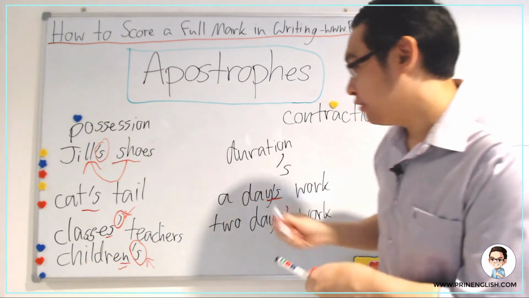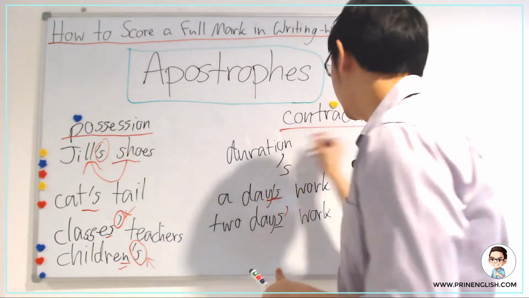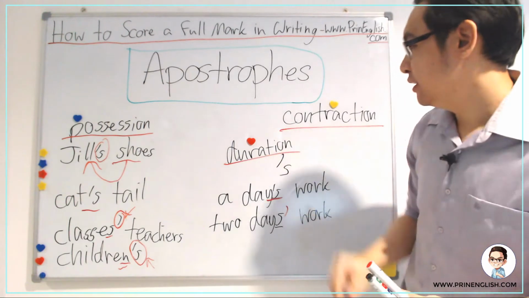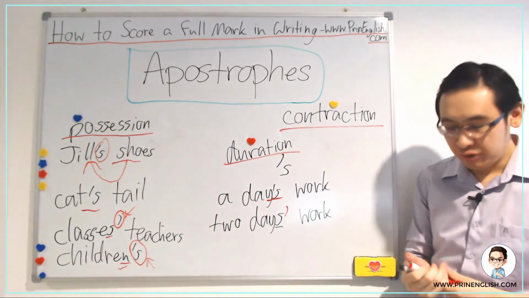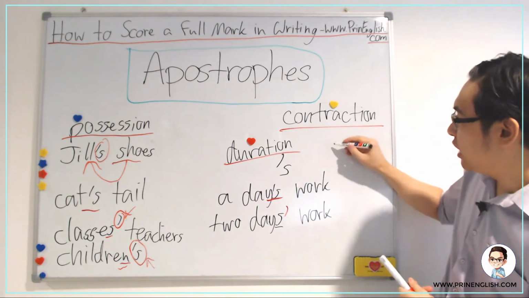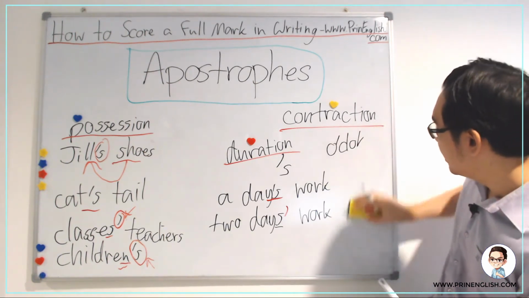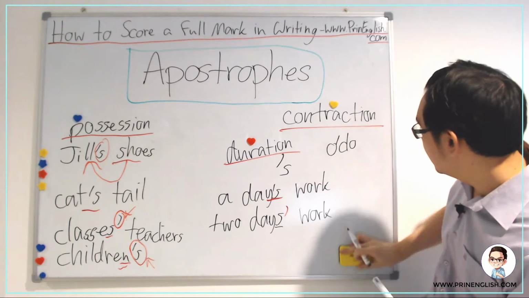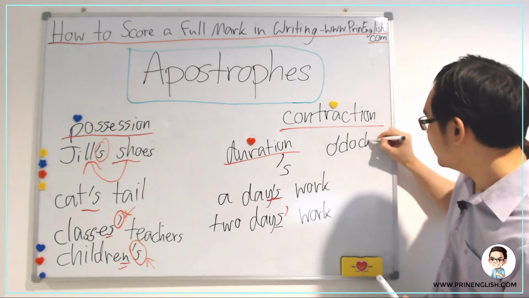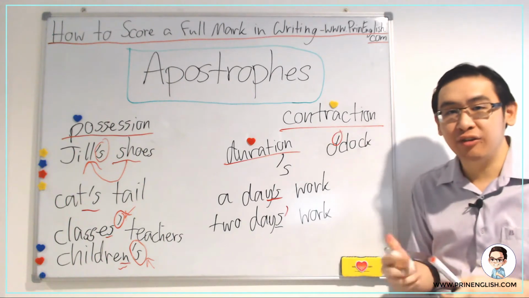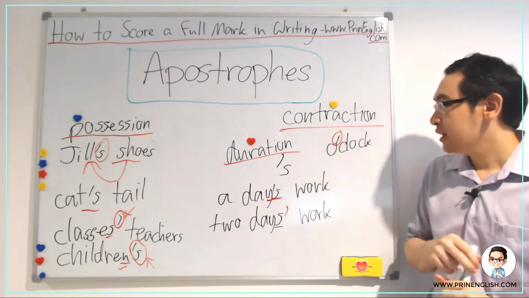Okay, I will mark it so you can see it clearly. Now there is also another thing to keep in mind when we write o'clock. When we're talking about time, we also have the apostrophe, as you can see, so o'clock, there's an apostrophe here. I think you already know that.